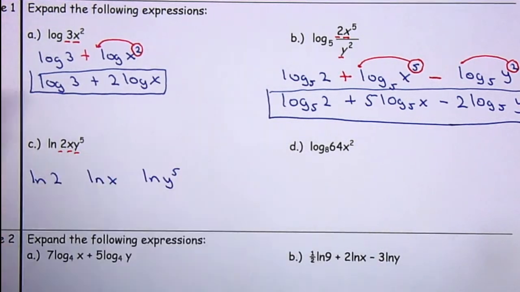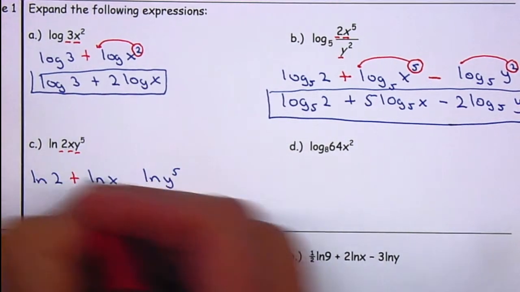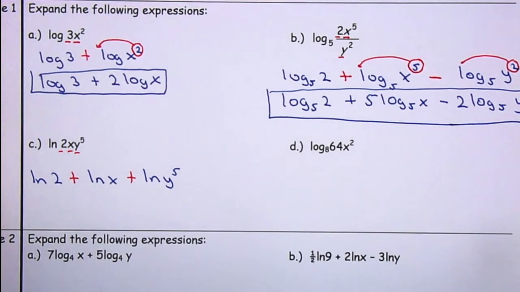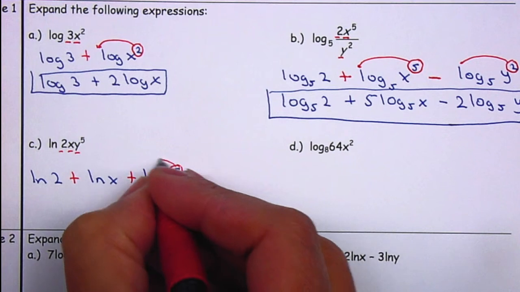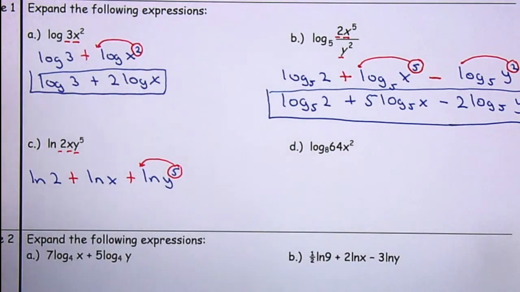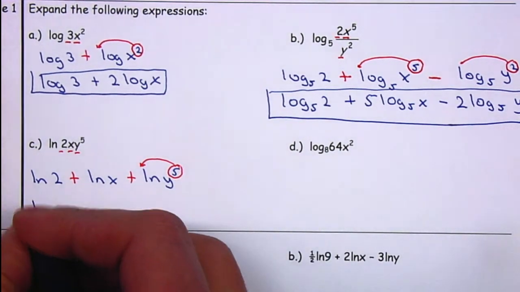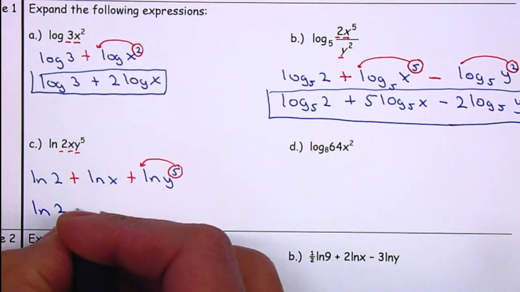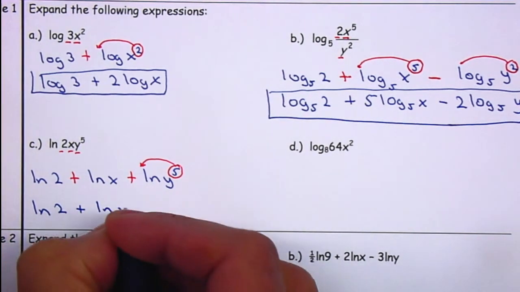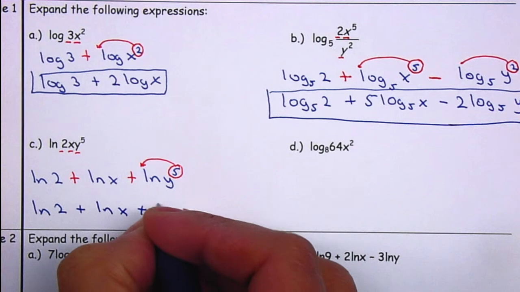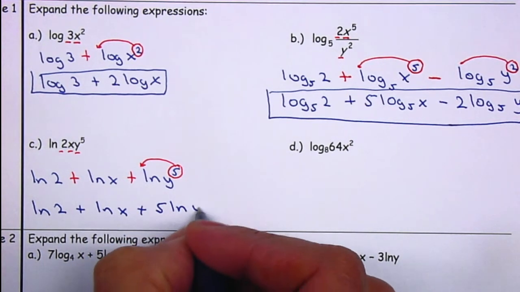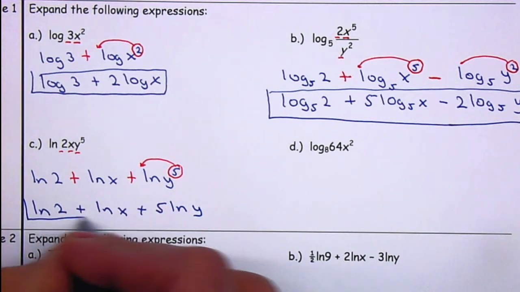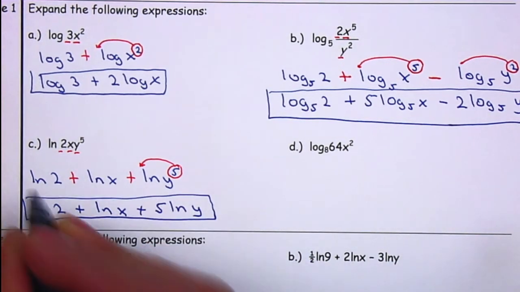They are all multiplying, so there'll be a plus in between. The only thing that we have to do next is bring the exponent as a coefficient. We end up with the natural log of 2 plus the natural log of x plus 5, the coefficient now, it was the exponent before, times the natural log of y. And this will be your answer.